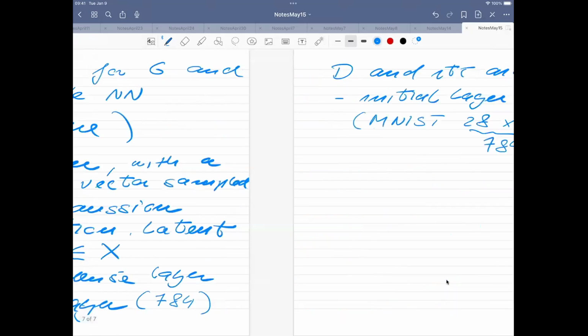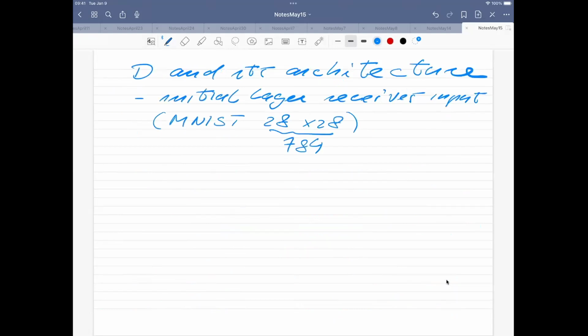Here you would go the same way, but opposite. So you would have hidden layers where you can reduce the dimensionality. So you can have several hidden layers, and they reduce the dimensionality. And then the last layer is normally called the output layer.